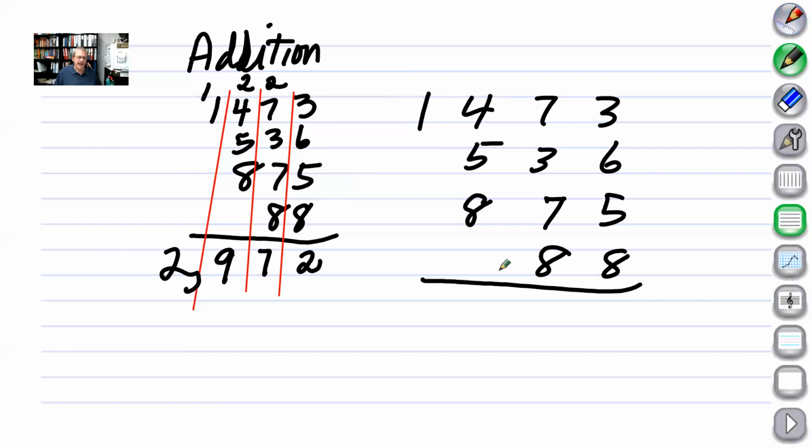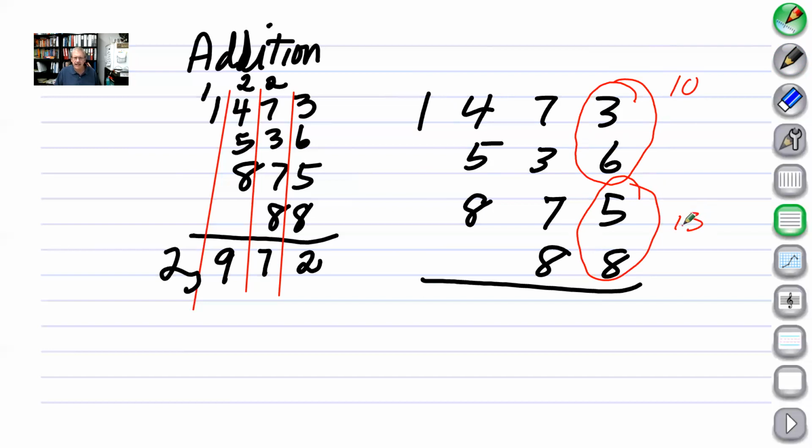I don't always add in the order they're written. So what I do is I try to find numbers that equal 10. Now, this doesn't quite equal 10. This is a 9, so it's one smaller. But I'm thinking of it as a 10. And then I'm going to add these two numbers. I know that's 13.